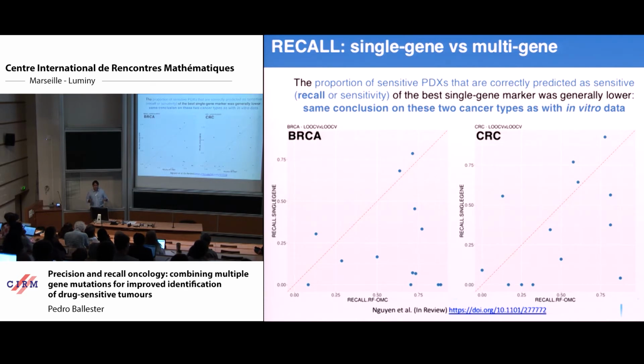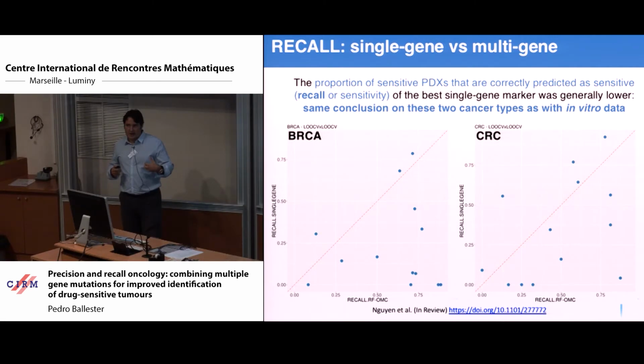Predicting which are the sensitive tumors is limited with single gene markers, because single gene markers are a mutation, and mutations generally have a low prevalence. So if you combine mutations, you can get a better prediction, a better recall, so identifying more of the sensitive tumors, which I think is a very important feature.